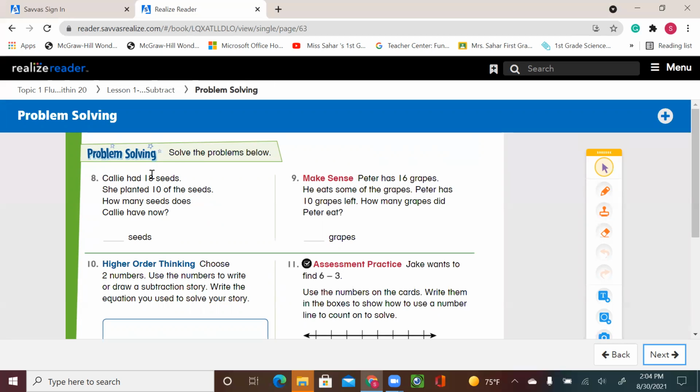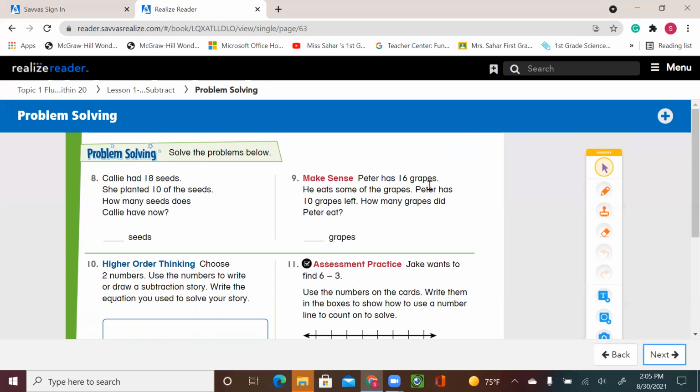So we're going to subtract. 18 minus 10. So we're going to draw a number line, or you can use any number line on the previous page and use your numbers. You can count on, so start from the lesser number, or you can count back, starting from your big number.